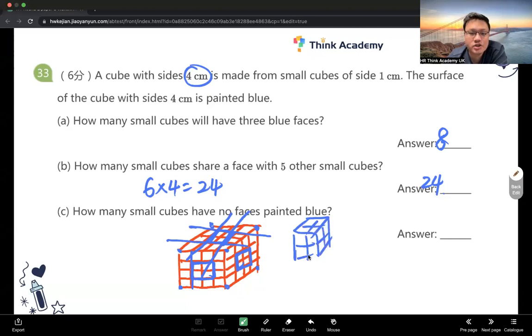If you've got a 2 by 2 by 2 cube, then how many small cubes are there? It's going to be 2 times 2 times 2, which gives you 8. So that tells you you have 8 small cubes with no faces painted blue.